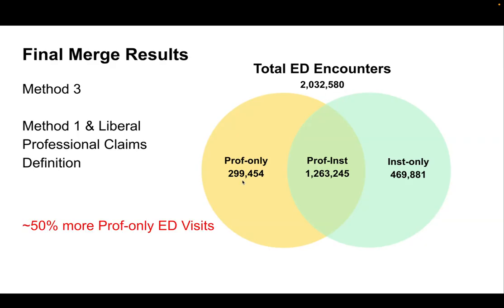In fact, it goes up by a little more than 50% compared to the professional count from method 1. But the end result here is actually only about 5% more total ED visits than method 1, where it's a little more than 2 million total compared to a little over 1.9 million total.